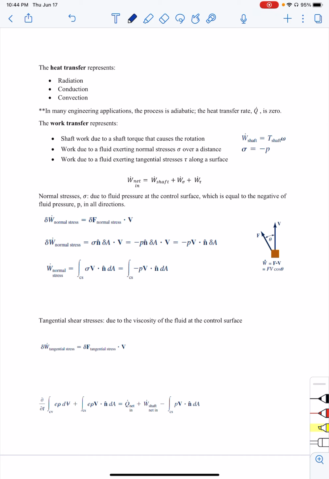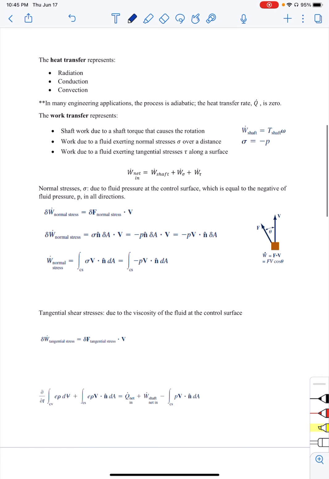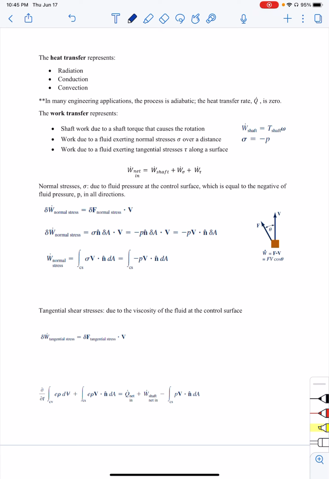The heat transfer represents all of the ways in which energy is exchanged between the control volume contents and the surroundings because of temperature differences, which includes all types of heat transfer: radiation, conduction, and convection. And if we consider our system to be adiabatic, it means that the heat transfer rate is going to be 0, which happens in lots of engineering applications.